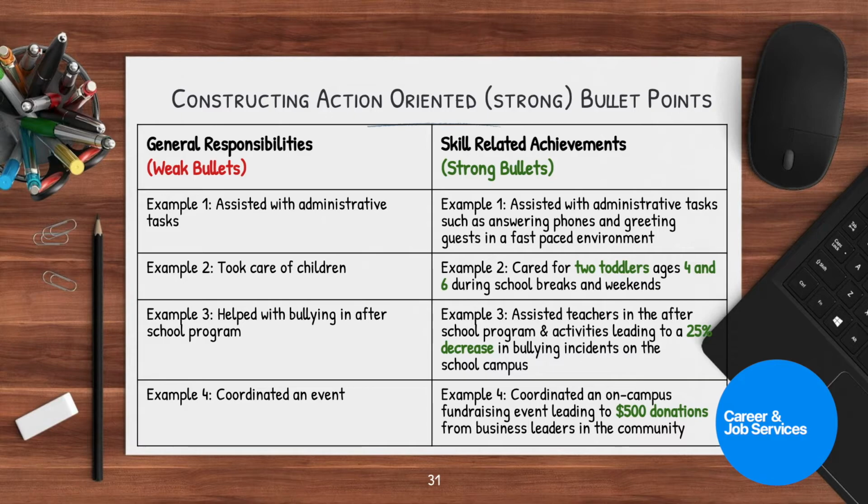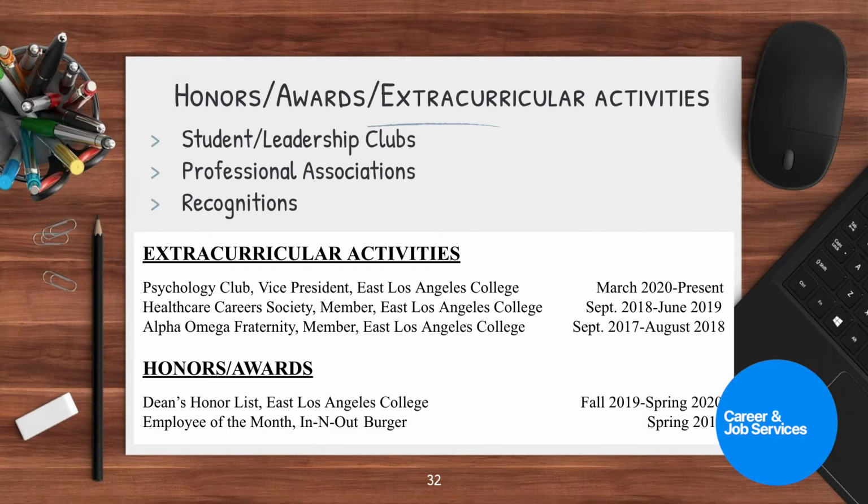Next section of the resume is the honors, awards, and extracurricular activities section. In this section, you want to highlight activities involving student leadership in clubs, professional associations, and/or recognitions. If you notice in this example, we have an extracurricular activities section where we highlighted the students' involvement on campus.